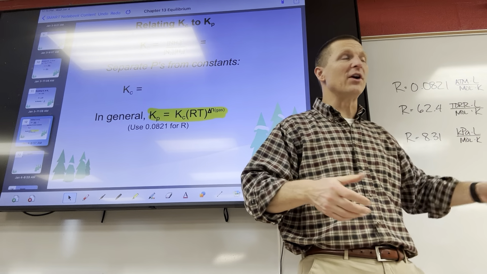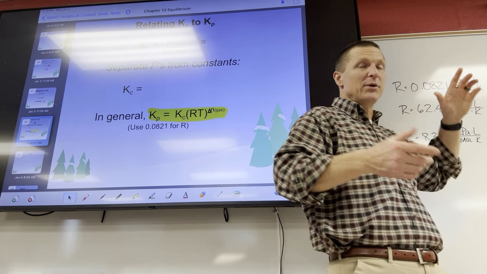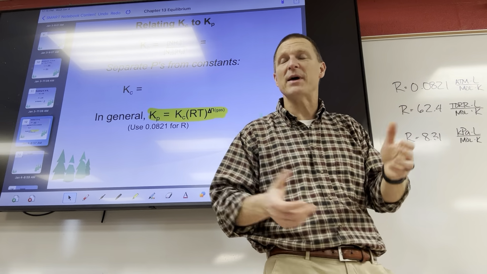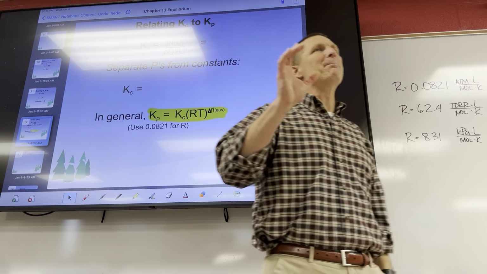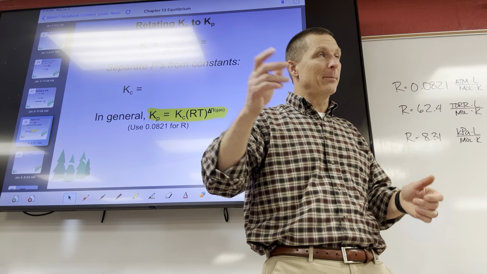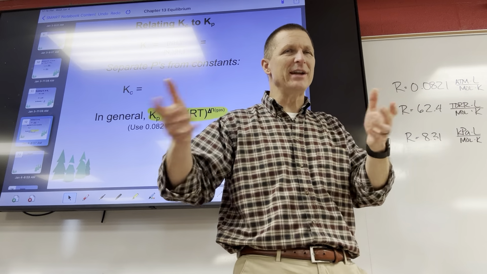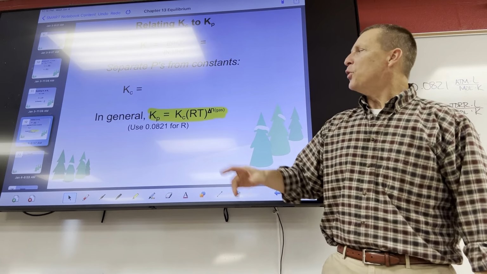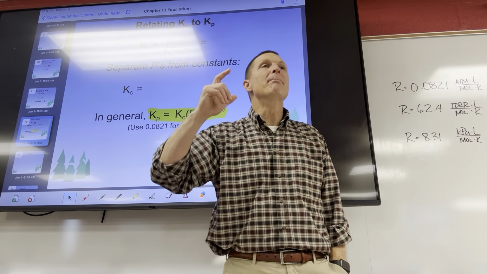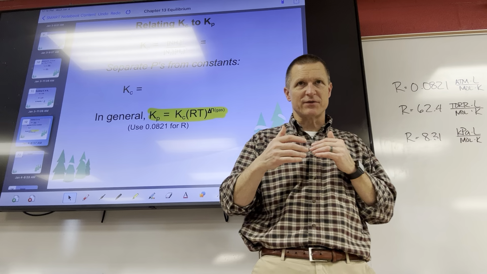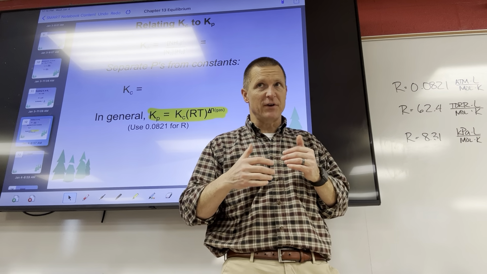Do remember, though, there are two other values of R when we use the ideal gas law. The R value depends on what the pressure unit is. I had mentioned this back in chapter 17, but we didn't really do anything with it. When you find Kp, that Kp must be the ratio of the pressures of gases in the unit atmospheres.